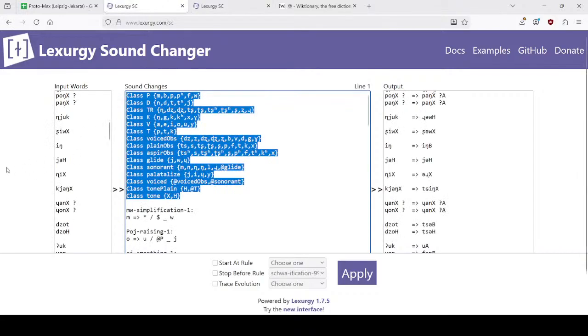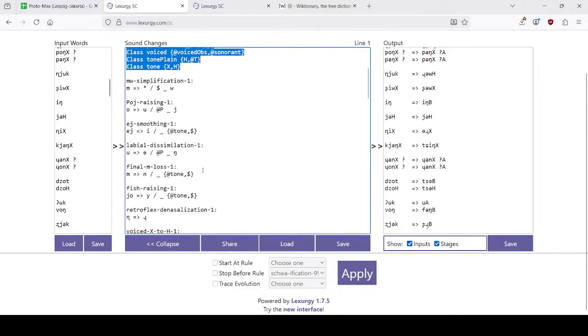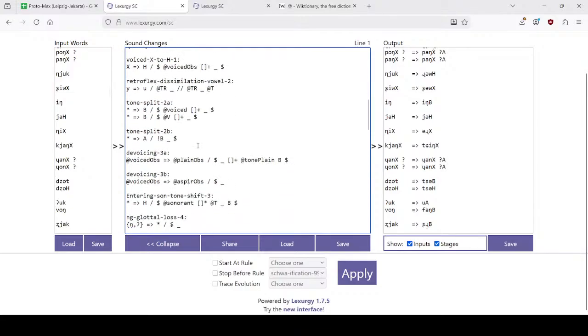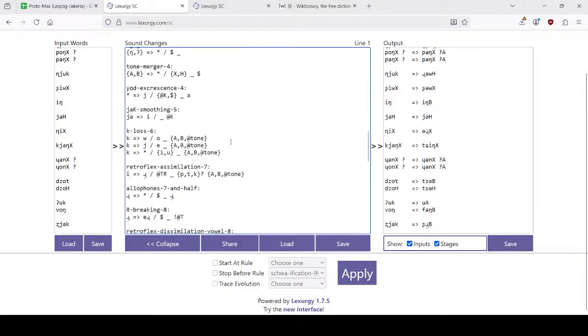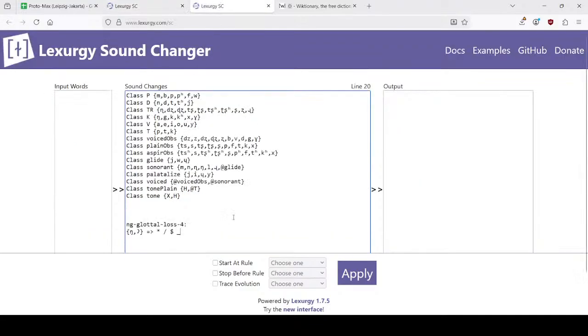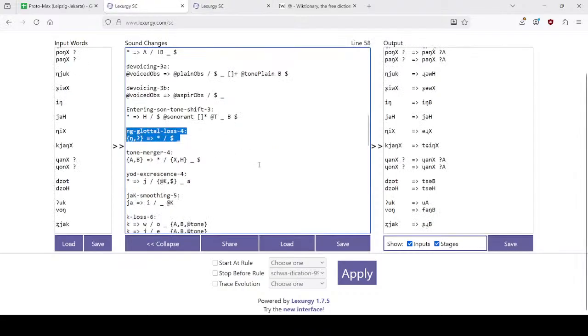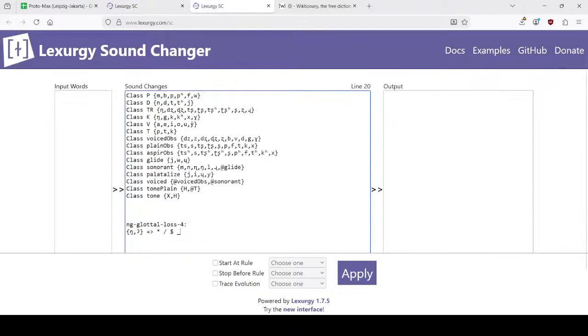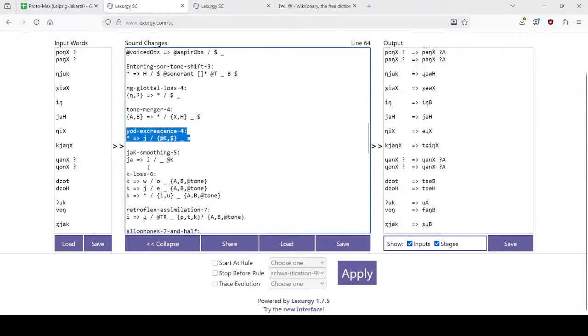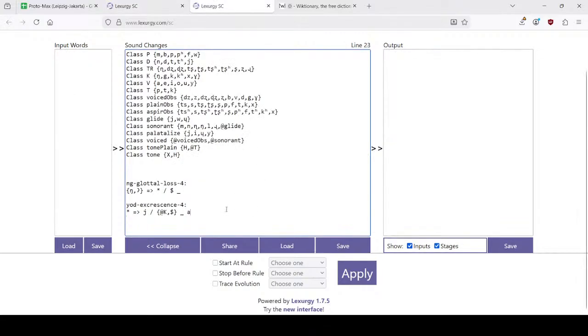All these classes and then nga dropping, nga droppage, nga glottal loss. Yod excrescence, I believe, is also one that we need. And then Ya to E, I think is irrelevant, but let's just have that here to be safe.